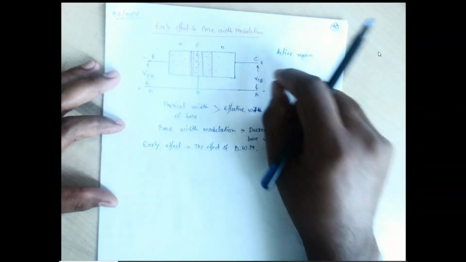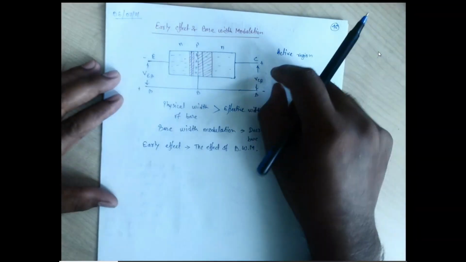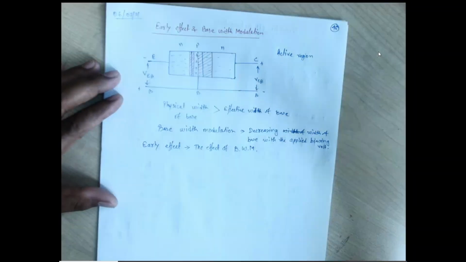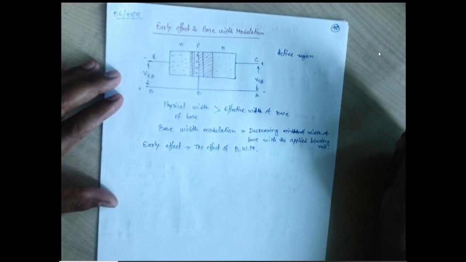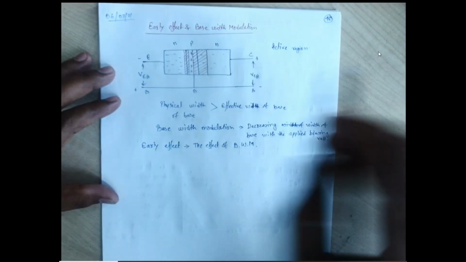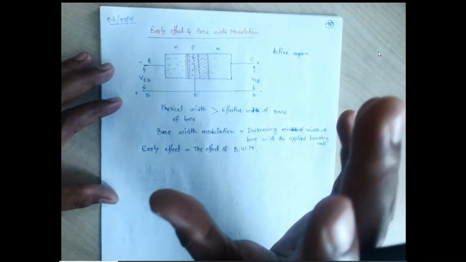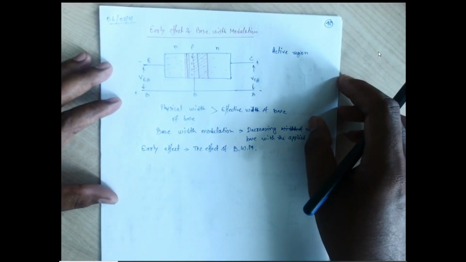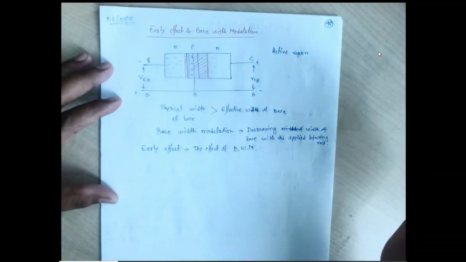when we applied a moderate VCB and VEB, though there is no effect of VEB when we apply a moderate VCB. Now when this VCB is increased, the penetration is higher in the base region, so the uncovered charges are less, so there are fewer holes to recombine with the incoming electrons from the emitter side.